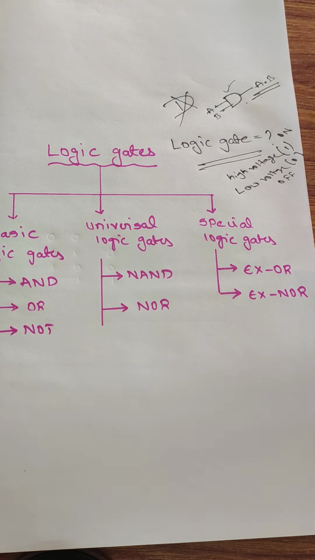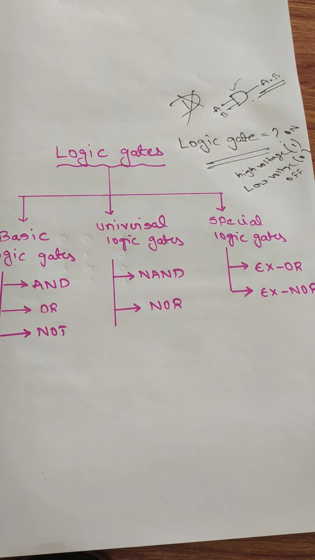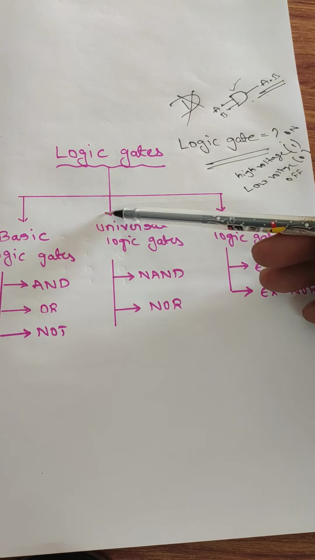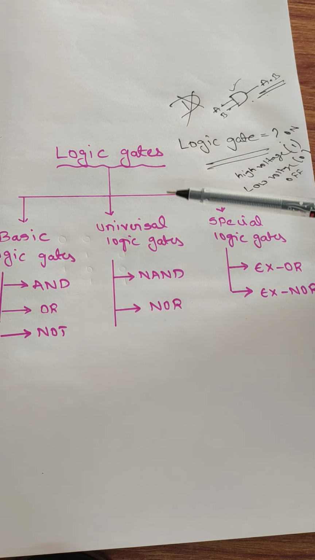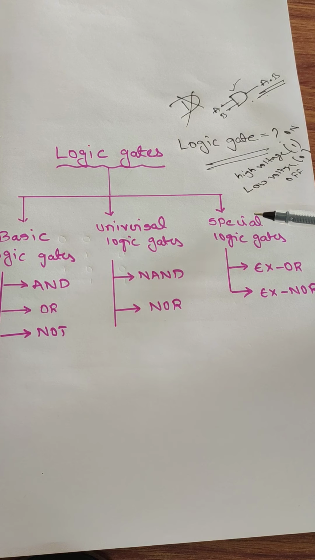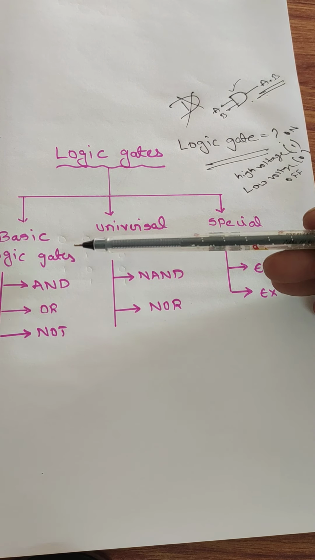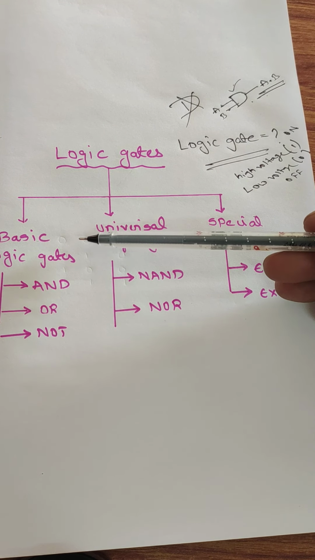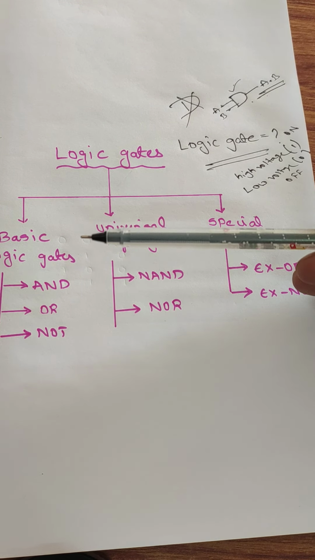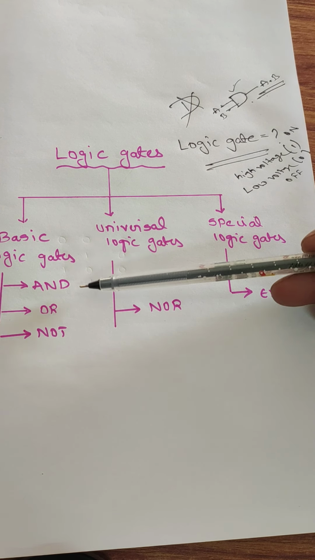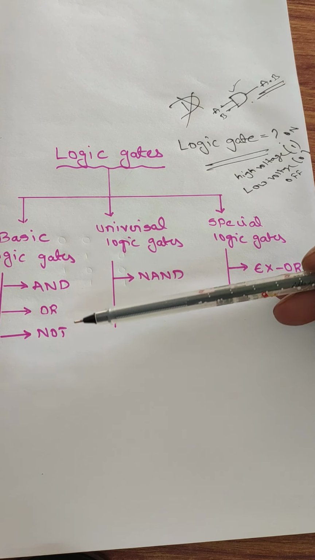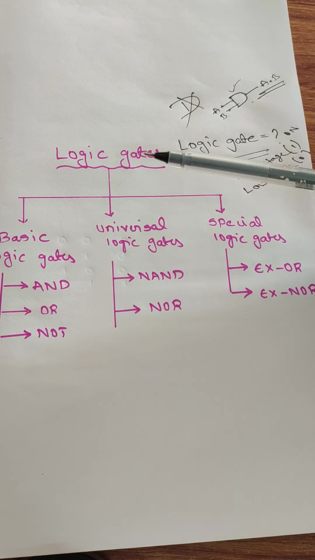The logic gates are broadly classified into three types: basic logic gates, universal logic gates, and special logic gates. The basic logic gates are classified into AND gate, OR gate, and NOT gate.